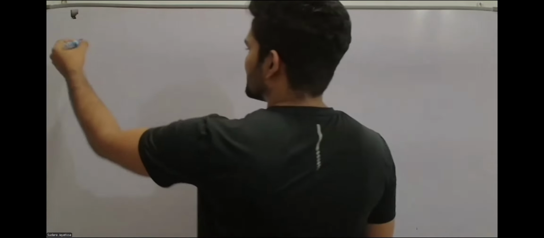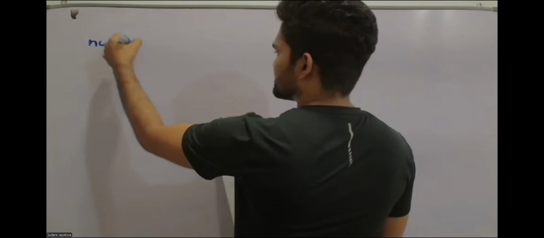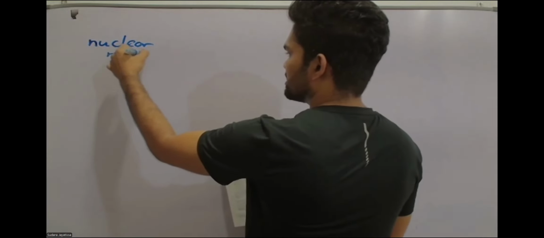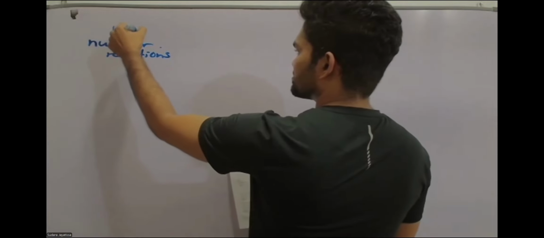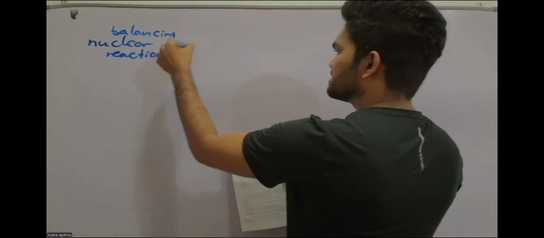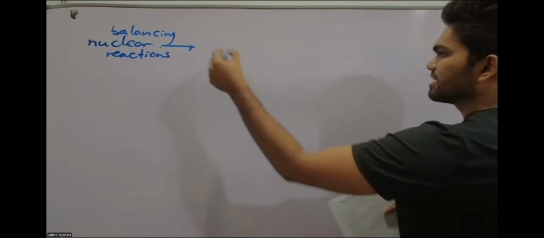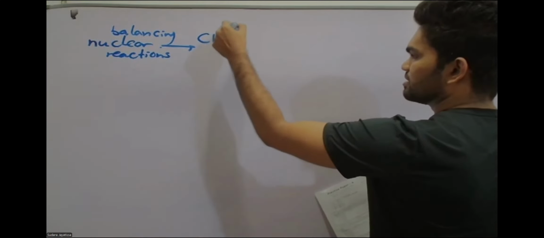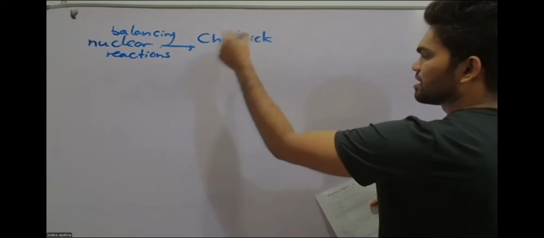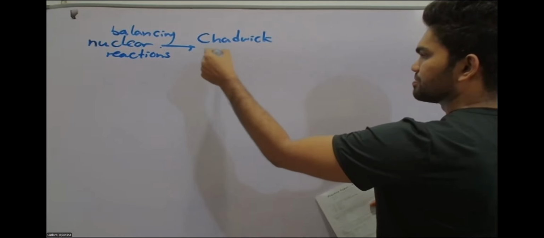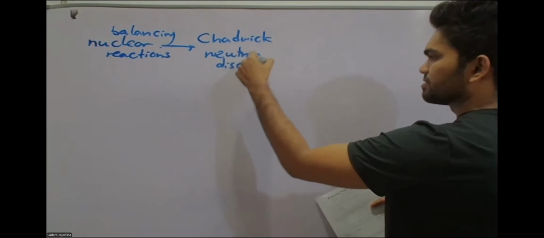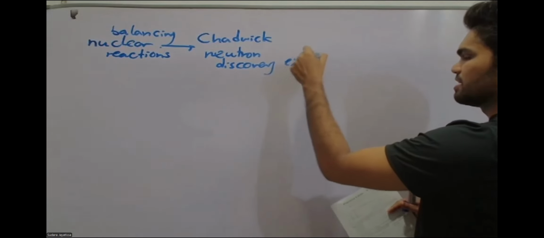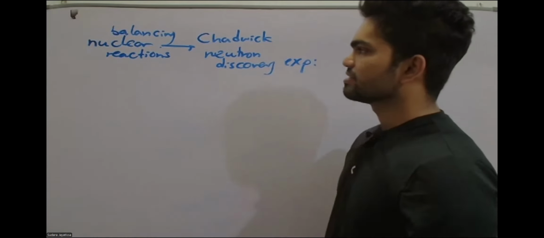So we needed nuclear reactions, balancing nuclear reactions, to understand Chadwick's neutron discovery experiments. So that is why we needed this.